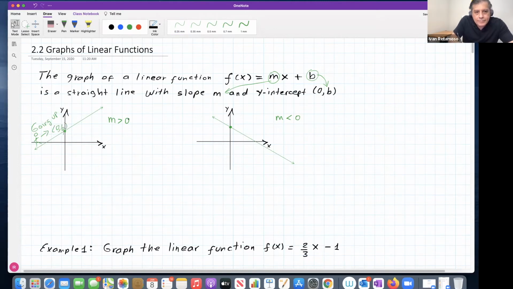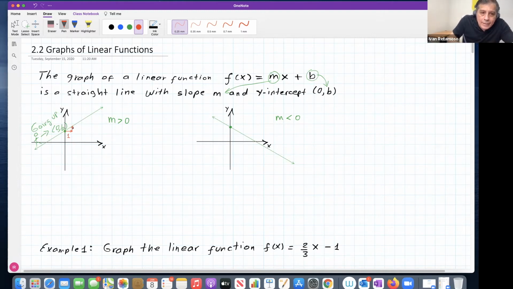Now, let's talk about the slope. This is the y-intercept. Now, this is the slope m, right? Turns out mathematicians have discovered the following. If you allow yourself a change on the input values by 1 unit, what should be the change on the output values associated to this 1 unit of change on the input values?